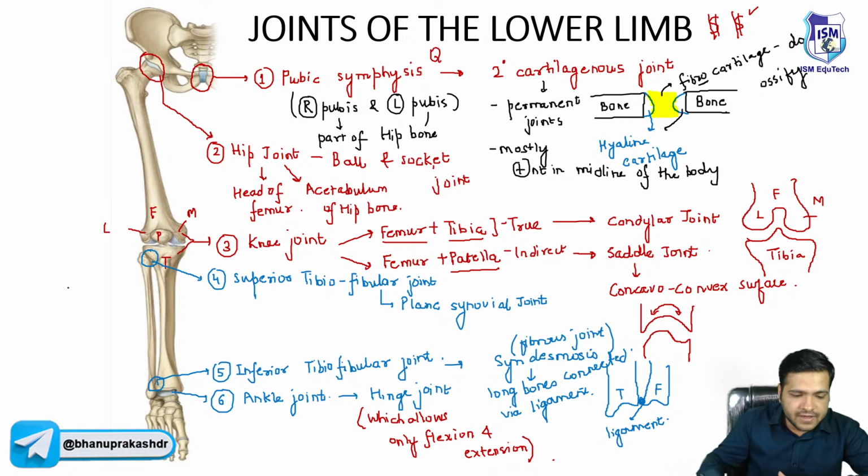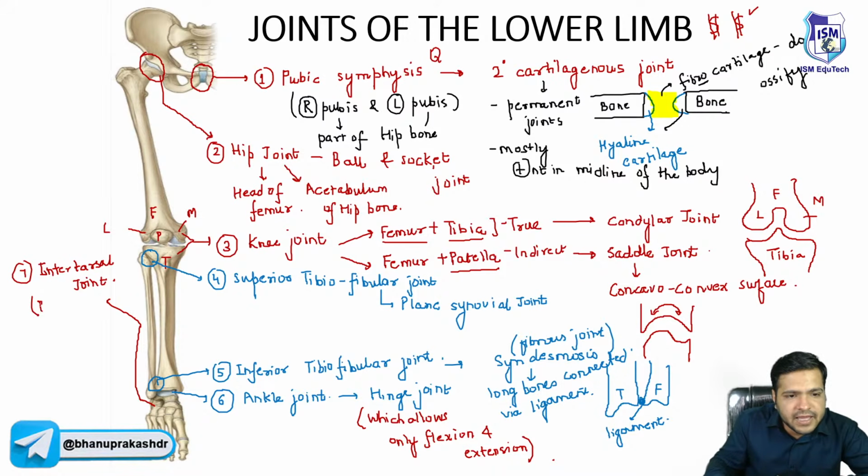Yes, beta, there are also joints between the tarsal bones. So we have the intertarsal joints. Remember, beta, these are plane joints. Their articular surface is plane.